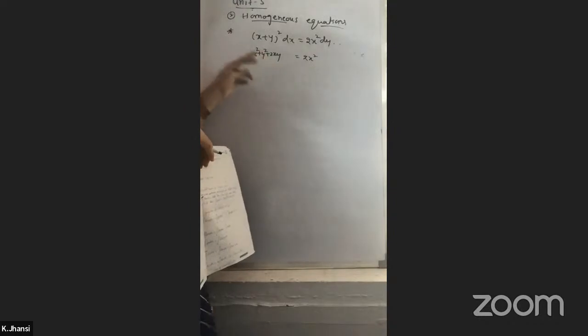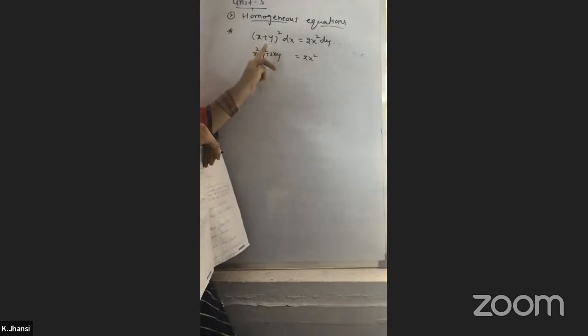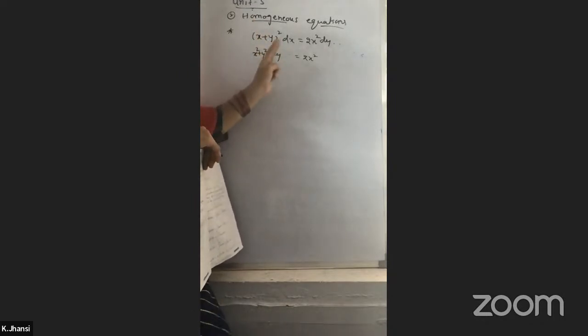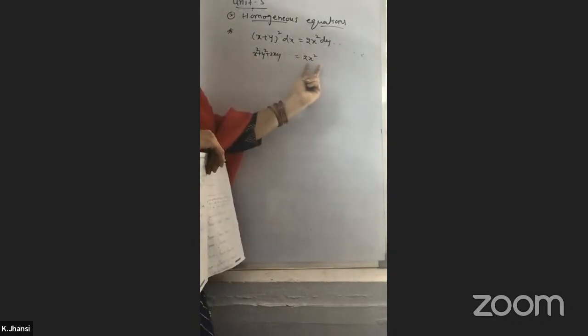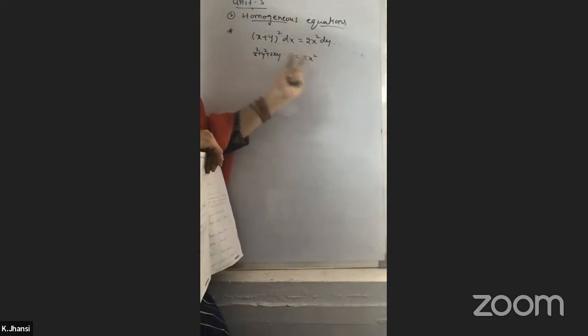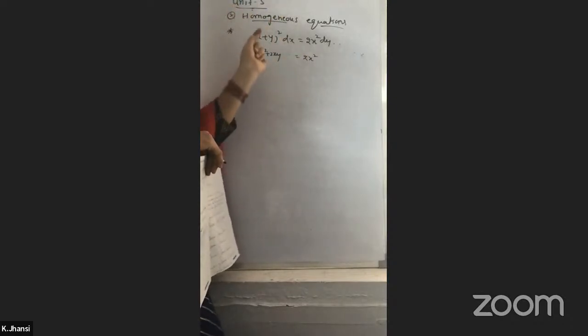So what is the highest degree you have? For x square, 2 is there, for y square 2 is there, and for xy, it is 1 plus 1, so the power is 2. So on the left hand side you have the power as 2, and also on the right hand side you have the power as 2. When you divide these two, the powers cancel and you will get 0.